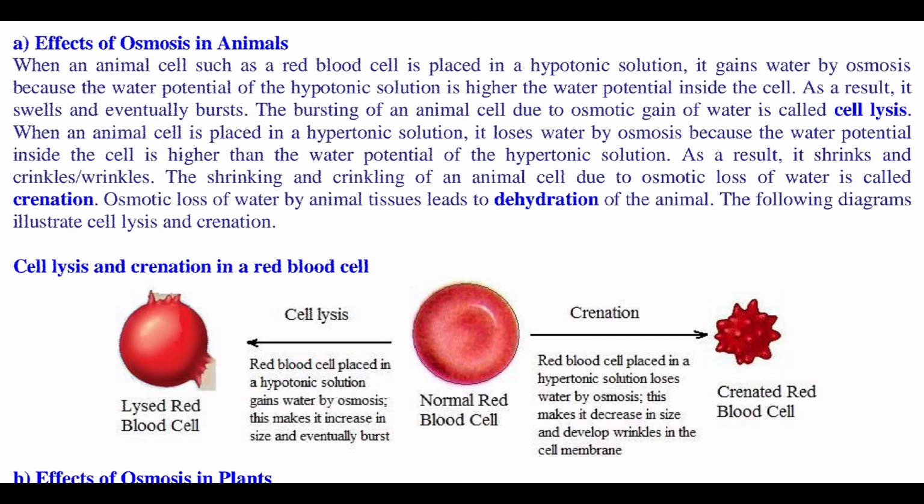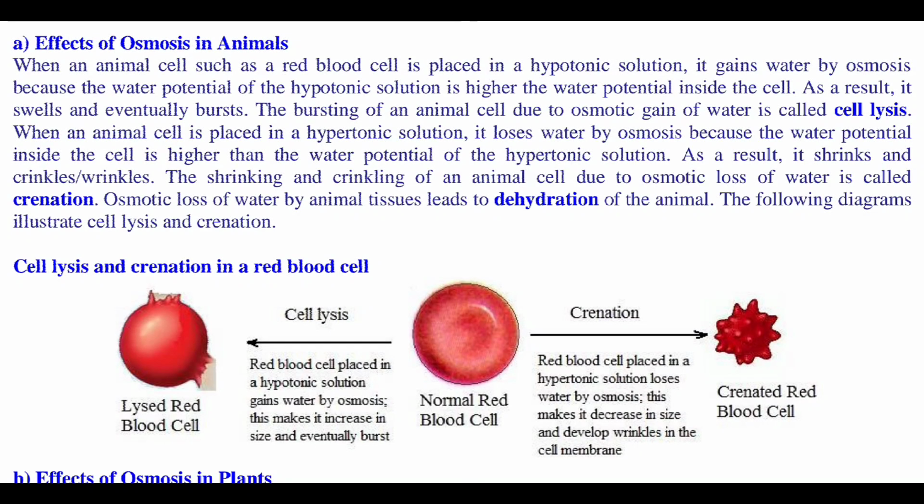In other words, the concentration of hypotonic solution is lower than the concentration inside the cell. As a result, it swells and eventually bursts. The bursting of an animal cell due to osmotic gain of water is called cell lysis. Are we together? It's called what?